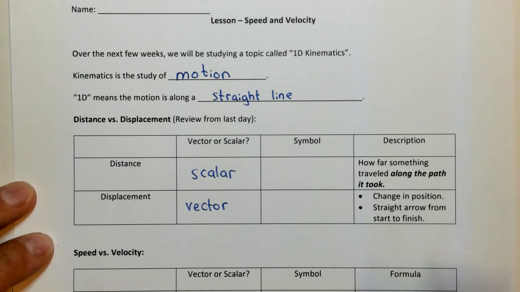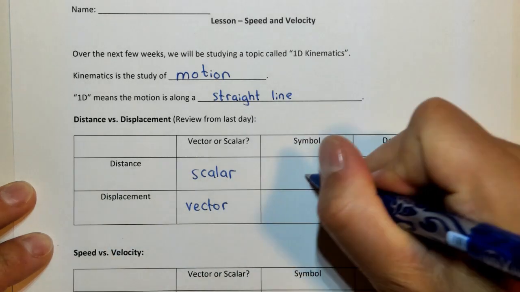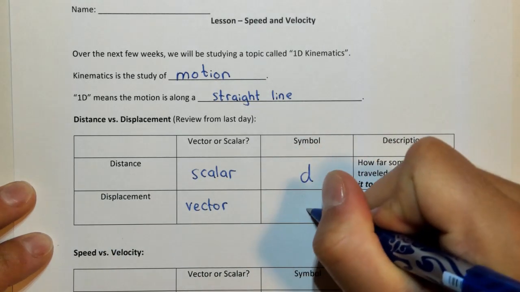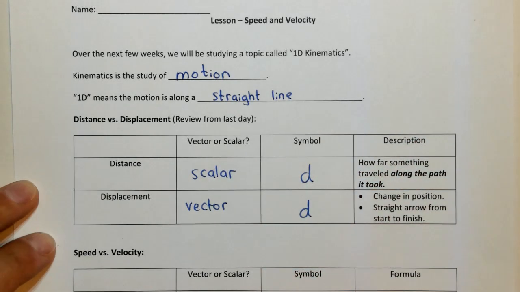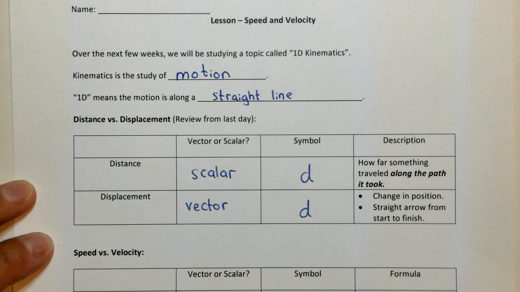Now, we want a short way of writing these out so we can put them in equations without writing the whole word. So we're going to come up with a symbol for them. And conveniently, since they both start with D, we're going to use the symbol D. However, since we know that they're slightly different things, we should have slightly different symbols for them.